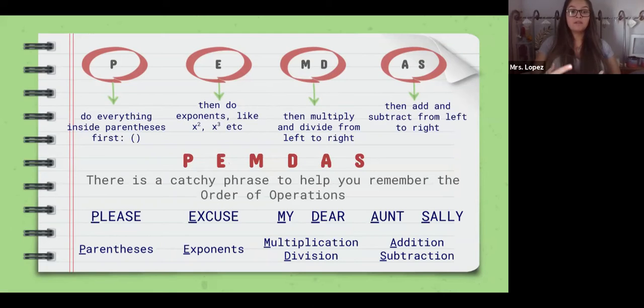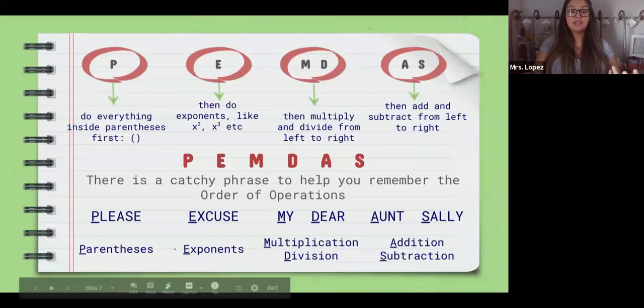So on your paper right now, I want you to write PEMDAS. And then I want you to write underneath that, you could write, please excuse my dear Aunt Sally. And then I want you to write parentheses, exponents, multiplication, division, addition, and subtraction.